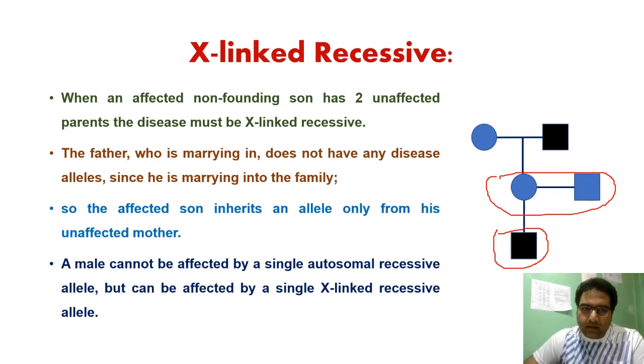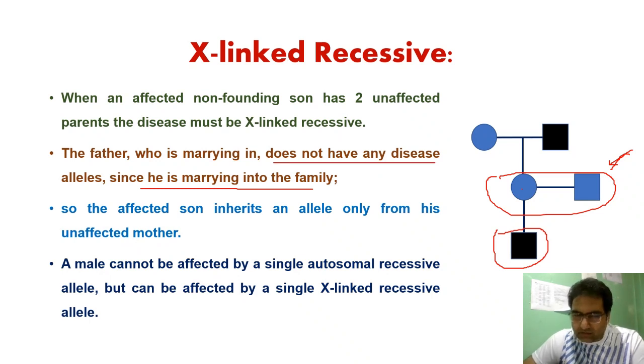Now why? The father who is marrying in does not have any disease. He is not having any kind of disease alleles, since he is marrying into the family, because he is not a member of the family. He has come from the outer side. The daughter is from the family and the male has come from the outer side, so he does not have any disease allele for this very disease.